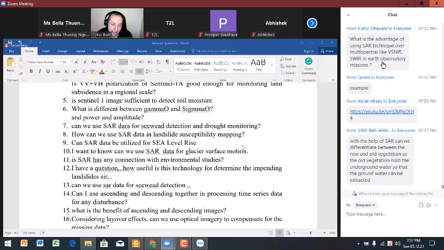And it's not going to be easy, because you have many influencing factors. Moisture is one factor, but you have many others that you would need to remove to get to the moisture. But I think it's possible.